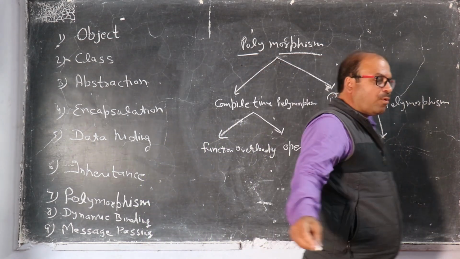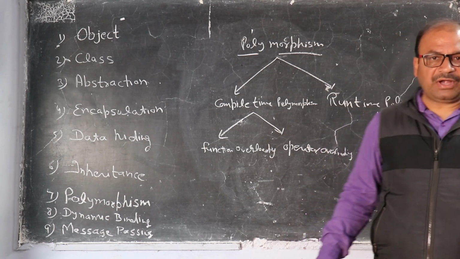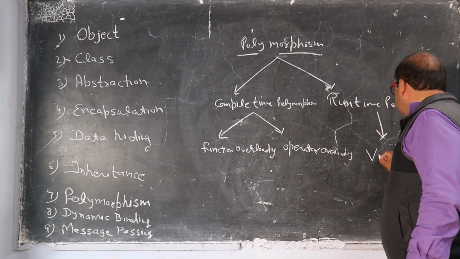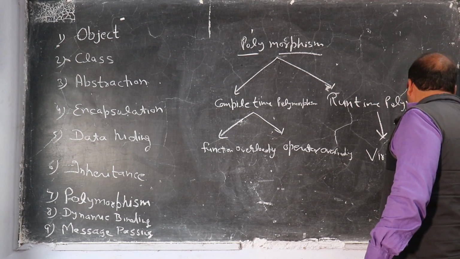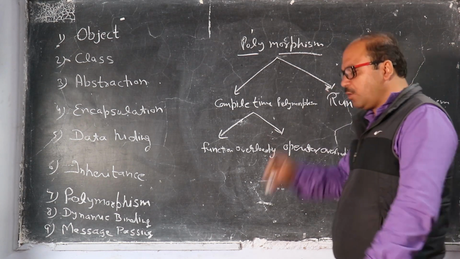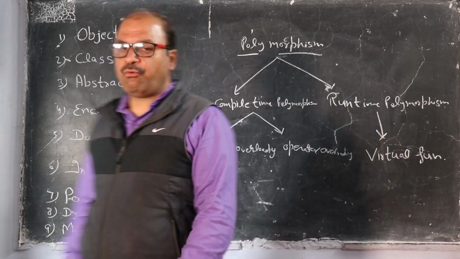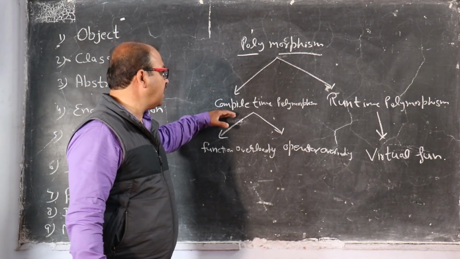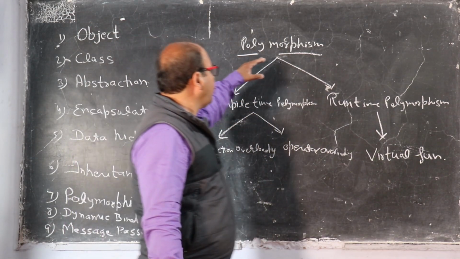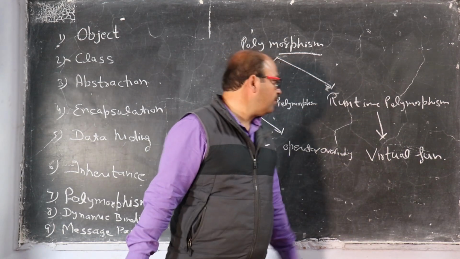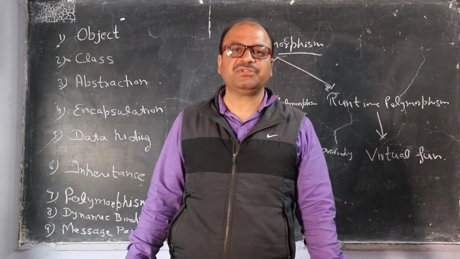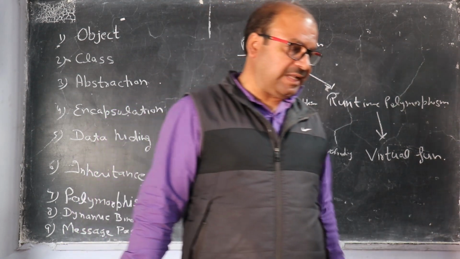And runtime polymorphism is the virtual function. Function overloading and operator overloading fall under the category of compile time polymorphism, and virtual function falls under the category of runtime polymorphism.